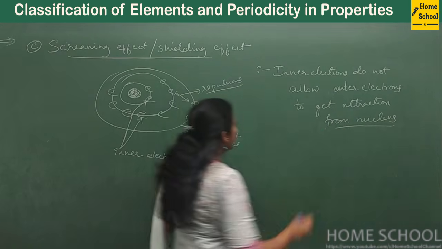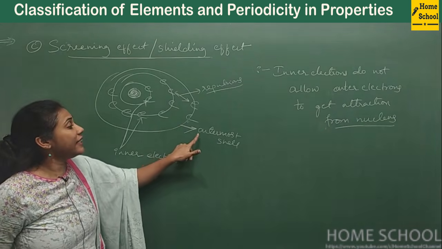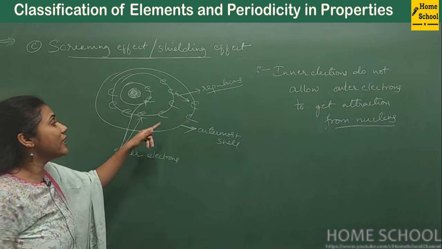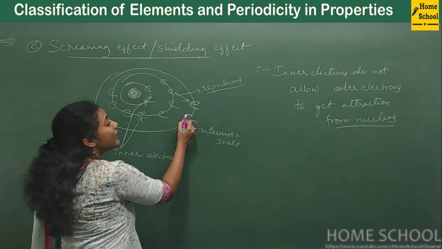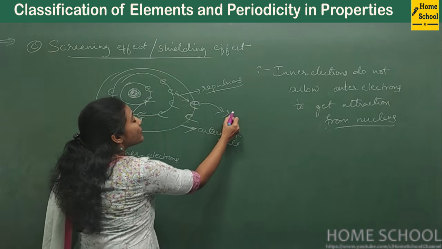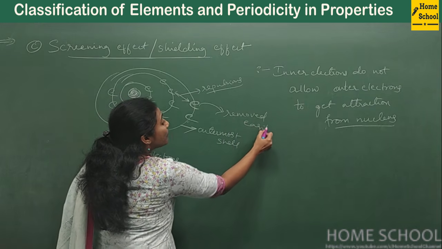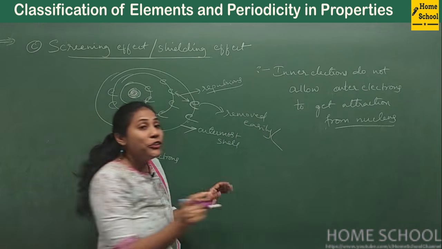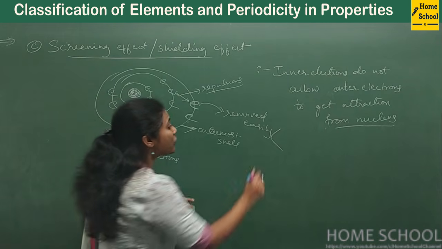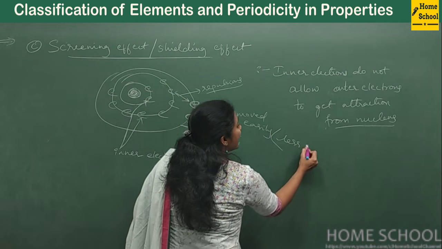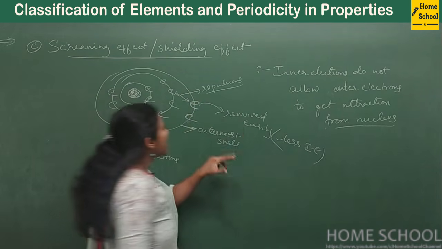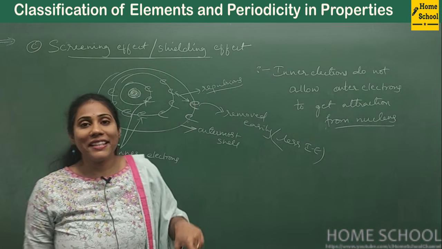So when outer electrons are not getting nice attraction from nucleus, they can be removed easily. Removed easily means what? You need not struggle too much. With less ionization enthalpy, you can remove these electrons easily.